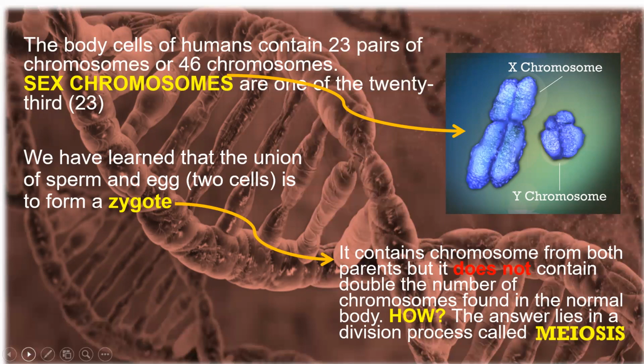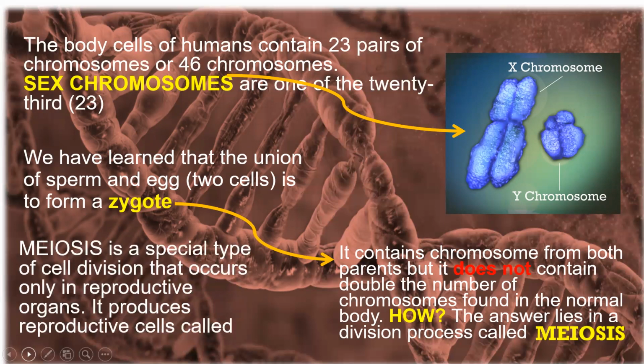Teacher, I'm confused. Meiosis is a special type of cell division that occurs only in reproductive organs. It produces reproductive cells called gametes.